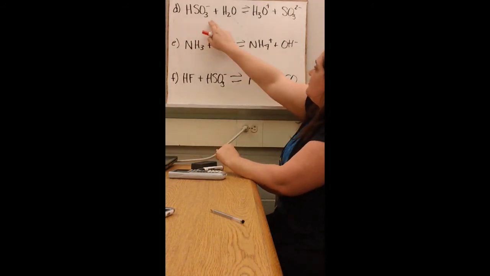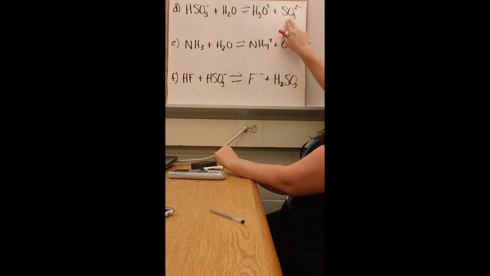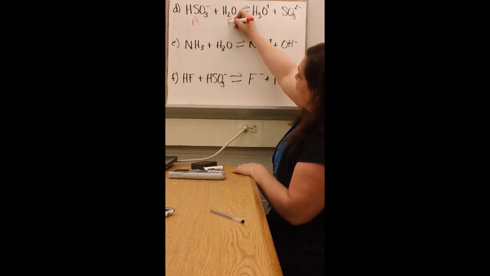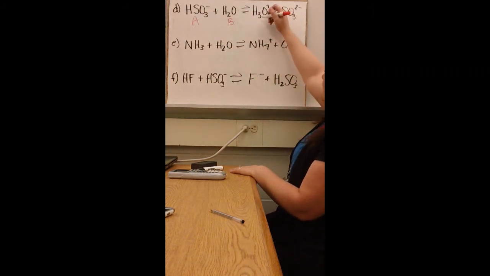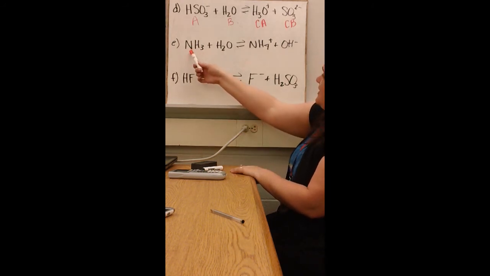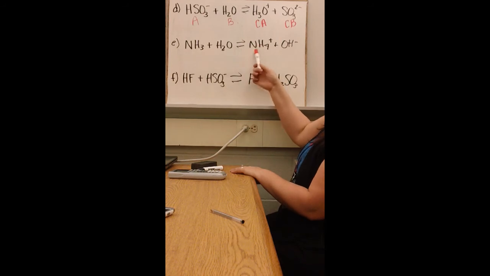So HSO3-, if you find that over here, it has 1 less hydrogen. So it gave away its hydrogen, so that's the acid. It gave its hydrogen to the water, which is the base. So now H3O+ is the conjugate acid, and SO3 2- is the conjugate base. In E, we see we have NH3. Over here we have NH4+.